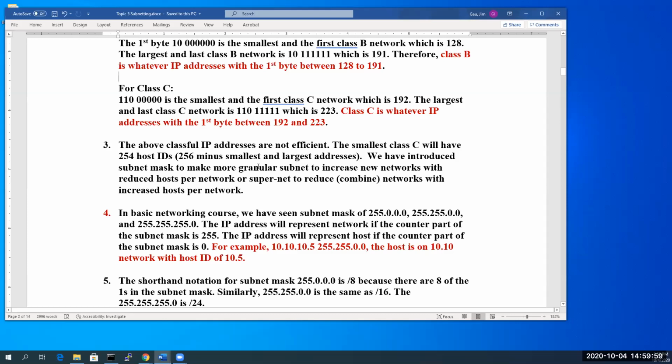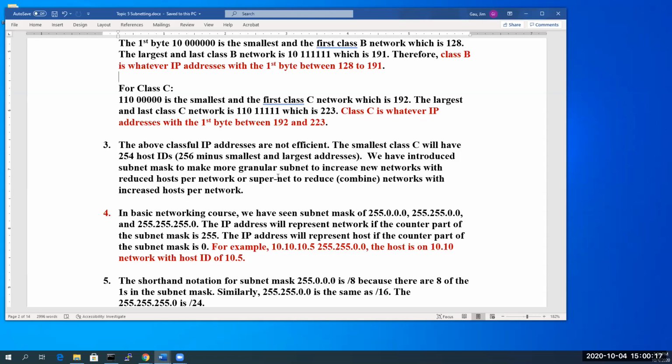You can think about a network like a street, like Grand Avenue, and it has, say, 256 houses on that particular network on the Grand. And then if we subnet, that means we cut the network into 2. So we can call it Grand West, Grand East. Well, then you still have 256 houses there.